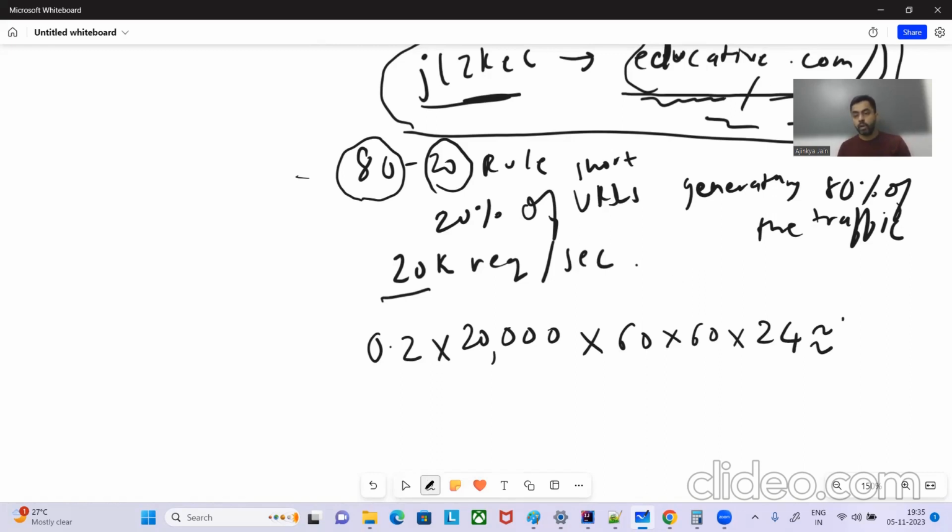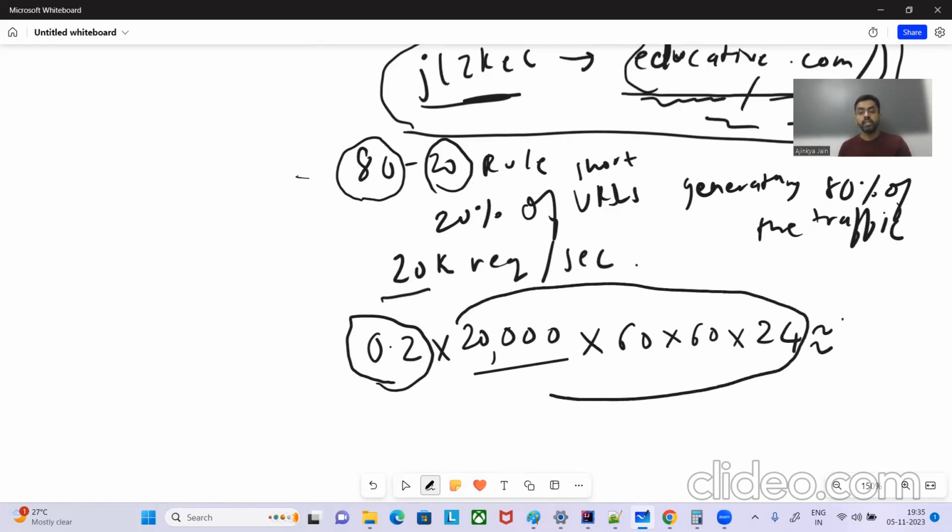So if we consider 20,000 requests per second, and we want to store 20% of the day's read data, this is per minute, per hour, and 24 hours in a day.